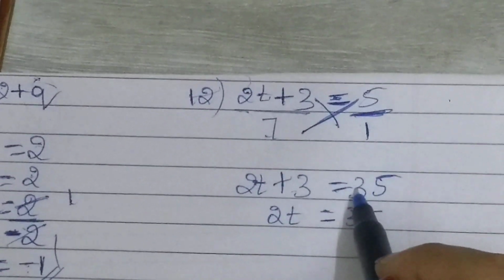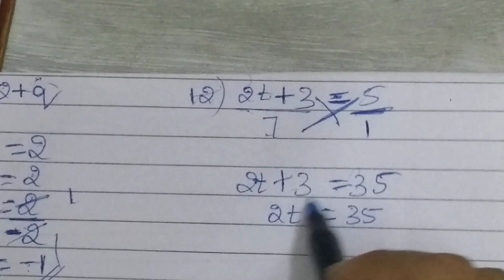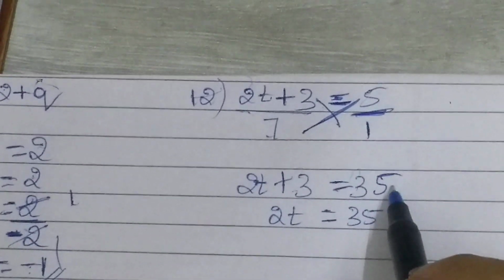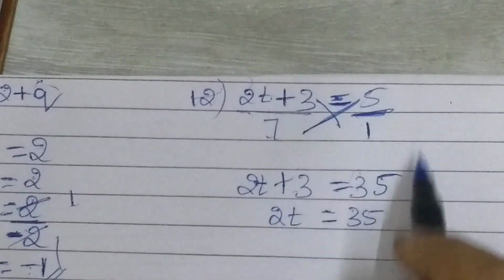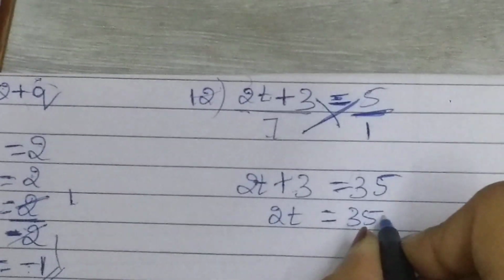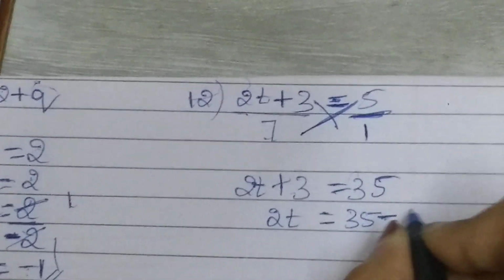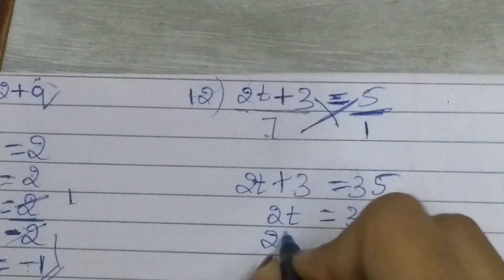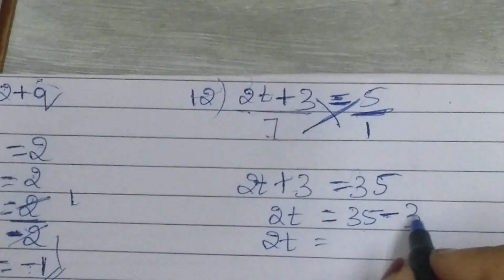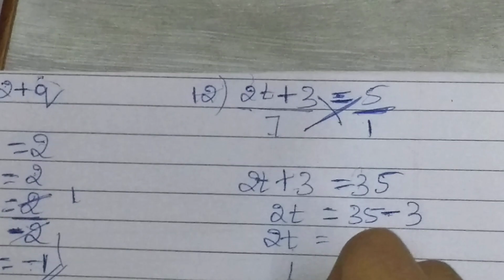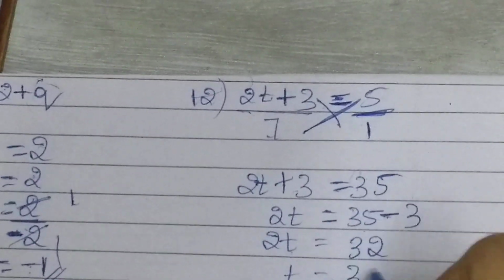And plus 3 and 35, even 35 is a number, even 3 is a number, no? We'll bring this plus 3 here, we'll bring it to the number side. If you bring this here, the signs will change. So plus 3, if it comes here, it will become minus 3. So your answer will be 35 minus 3 is how much? 32. Now we'll take this variable down. t is equals to 32, also we'll take it down.